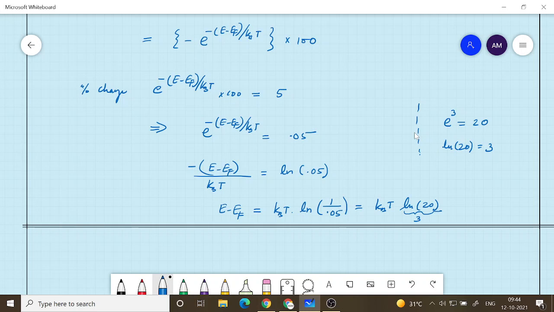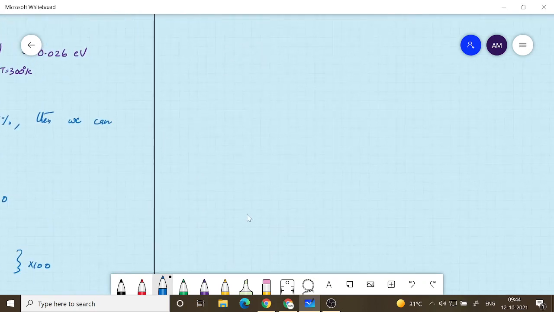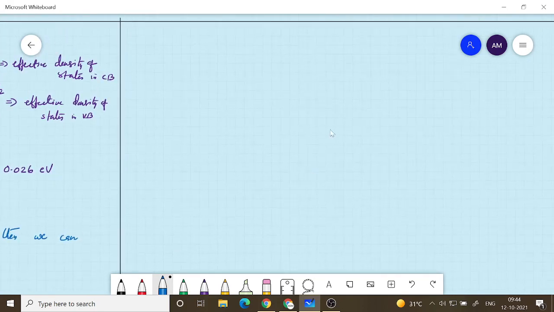So that means if the difference between E and EF is at least 3 kBT, whatever is the temperature, at that particular temperature you have a kBT value.